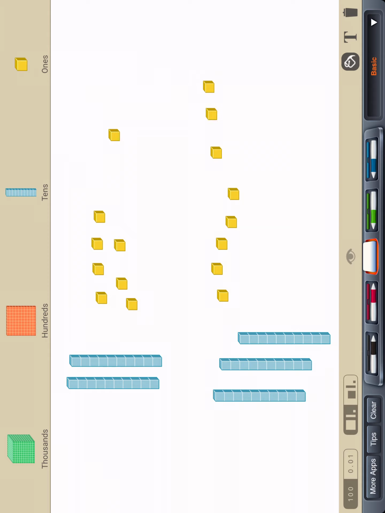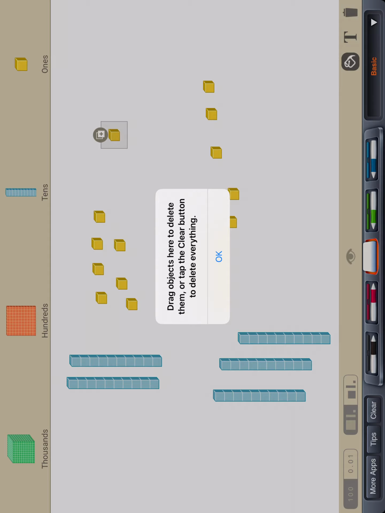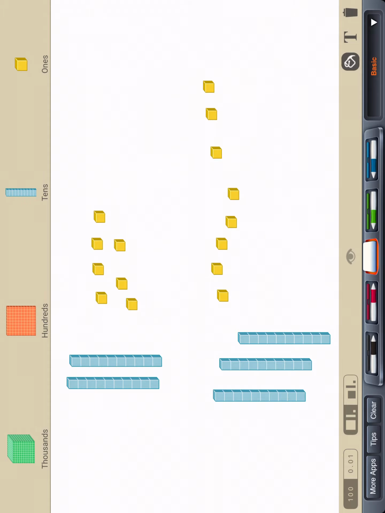All right. So we need to add these two and figure out how much we have as the sum. If a student is just working with base 10 blocks, 27 plus 38.